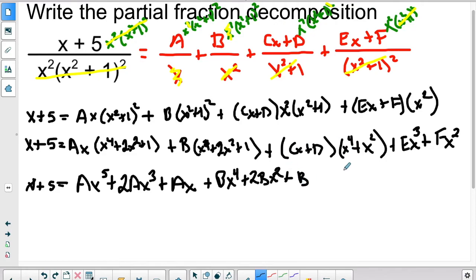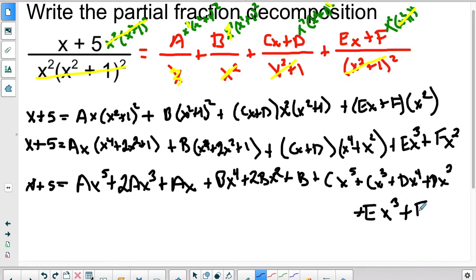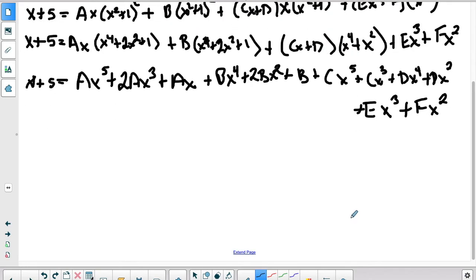If we multiply this together, we're going to get plus cx to the fifth plus cx cubed plus dx to the fourth plus dx squared, plus ex cubed plus f x squared. So that's multiplied all the way out.